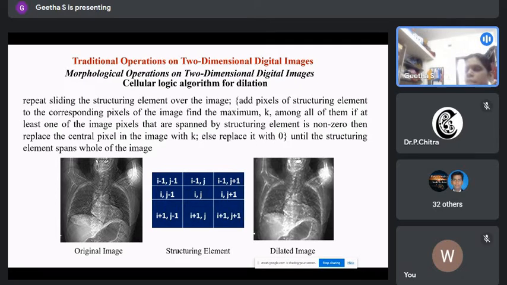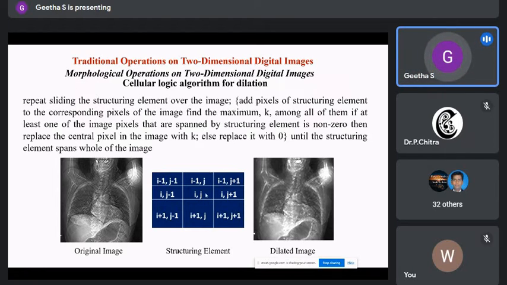Using this algorithm, the given image is dilated, until the structuring element spans the whole image. So this is one structuring element. This is the original image. Now we are using this algorithm. The output is the dilated image.